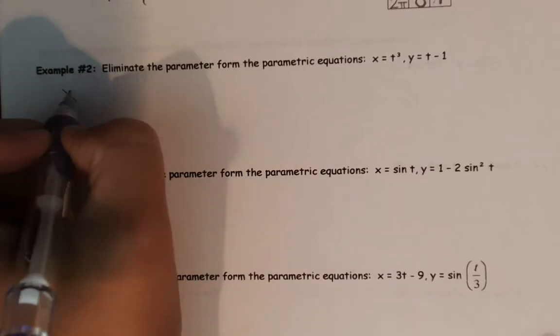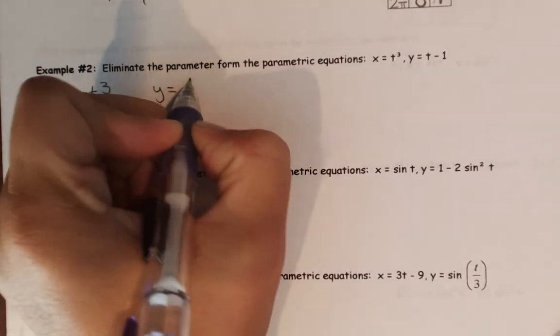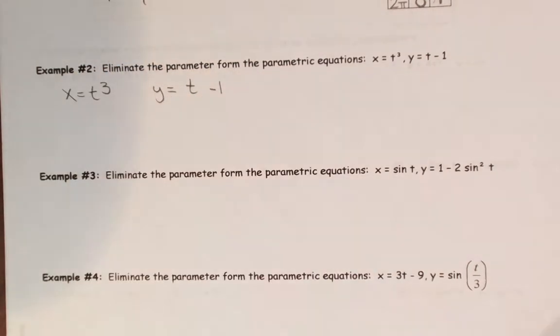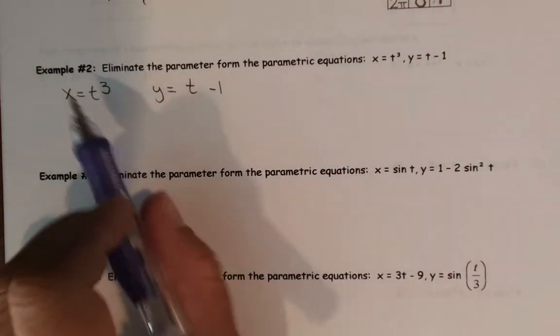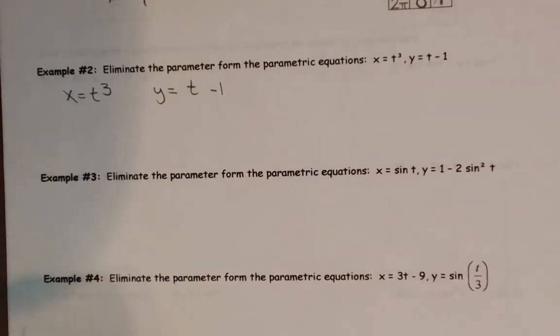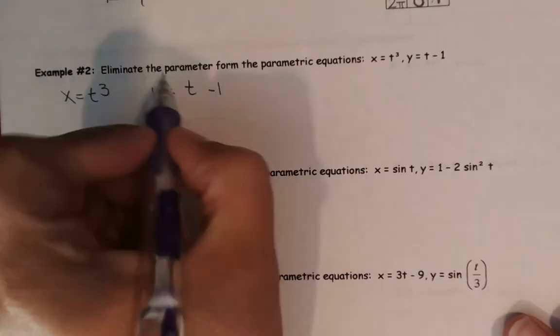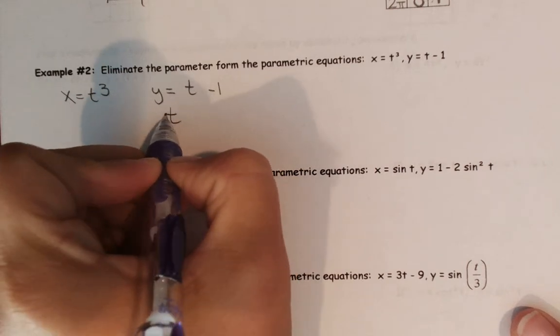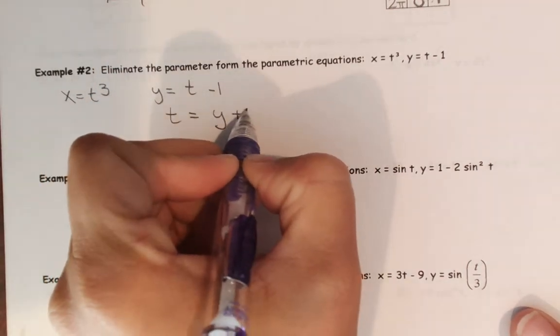So we have x equals t cubed, and we have y equals t minus 1. We want to solve one equation for t and plug it into the other. This one would be kind of dirty to work with because I'd have to take cube roots, and I don't really like that. So if I work with this one first, I'm going to say t equals y plus 1.